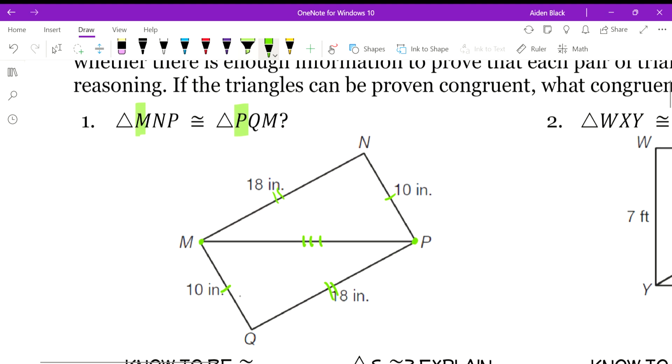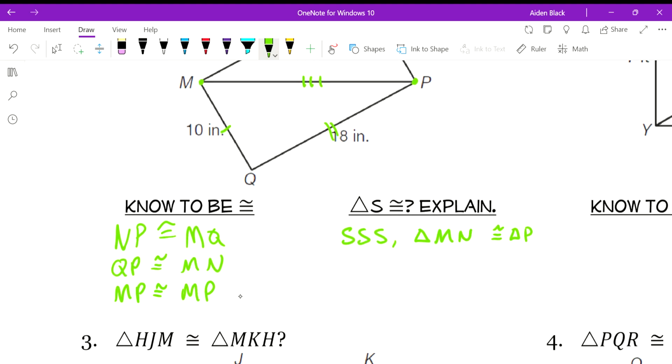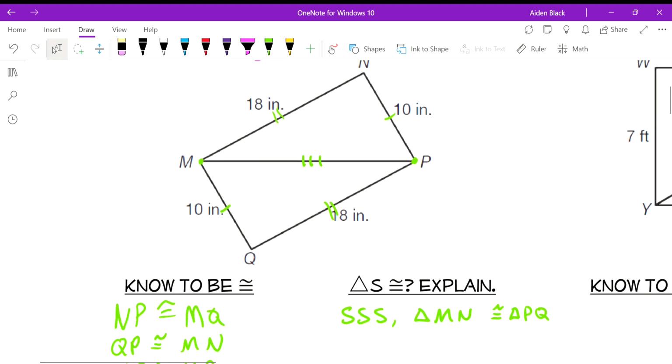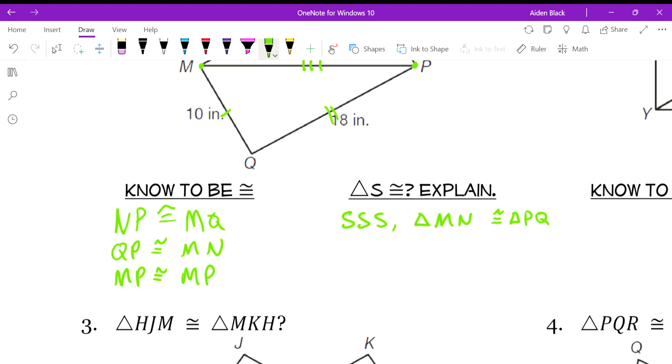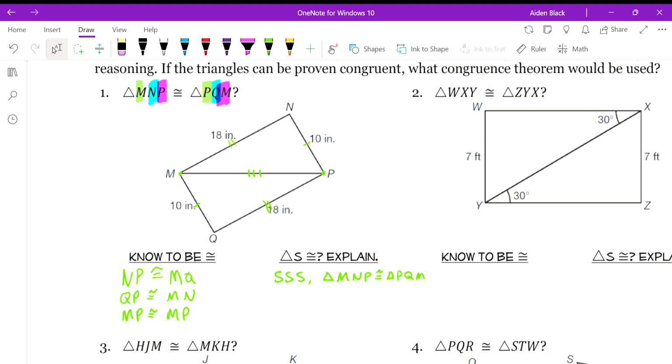And then we have N goes with Q. And then that final letter there is M and P. So that's all you have to do for these questions.